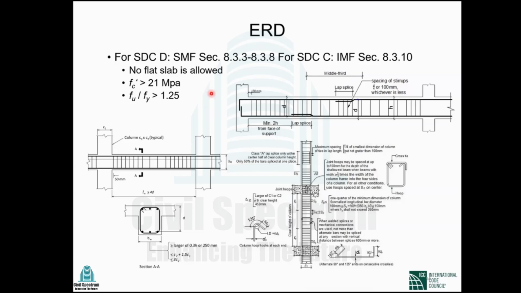Even if, say, 500 grade steel has ductility class D, still you cannot use it for seismic design category D. That is a very strict restriction imposed by this version of the code.